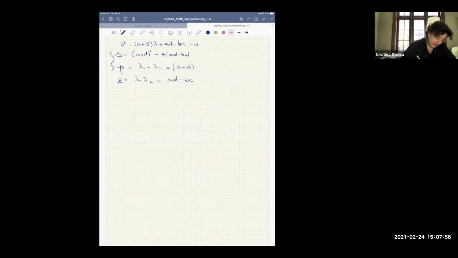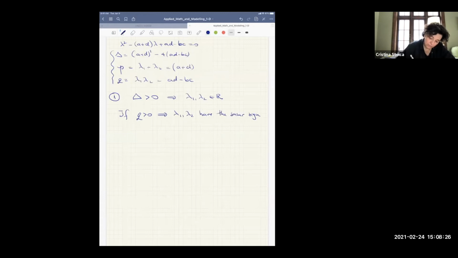Okay, so now for instance, case 1, when delta is positive, this means that lambda 1 and lambda 2 are real numbers. And now we have case little i. If Q is positive, this means that lambda 1 and lambda 2 have the same sign, as I wrote on the other page, right?